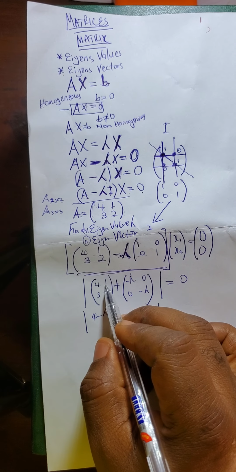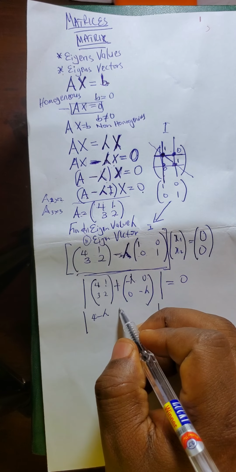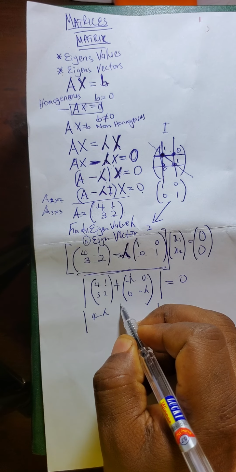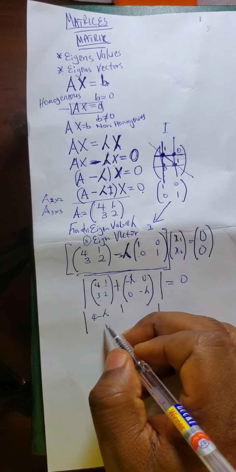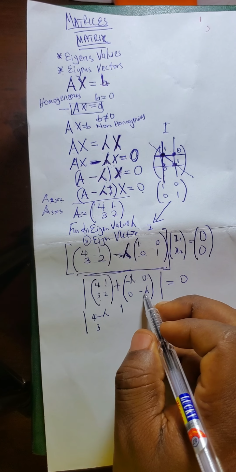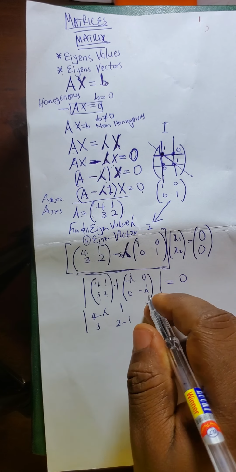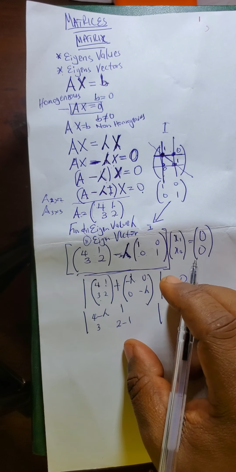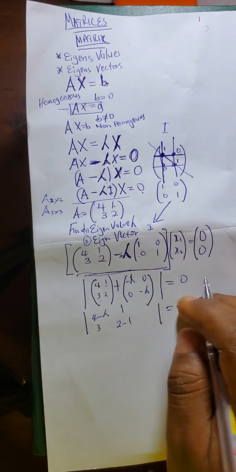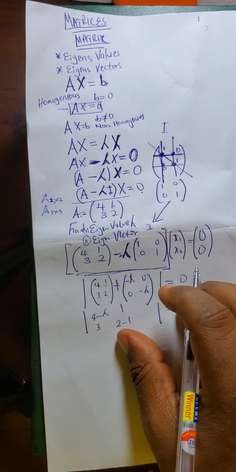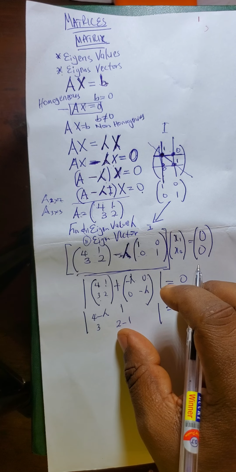Then 1 plus 0 will still give us 1, and 3 plus 0 will give us 3. 2 minus lambda will give us 2 minus lambda. So we are going to find the determinant of this expression, and we equate it to 0. So we need to find the determinant of that particular expression.